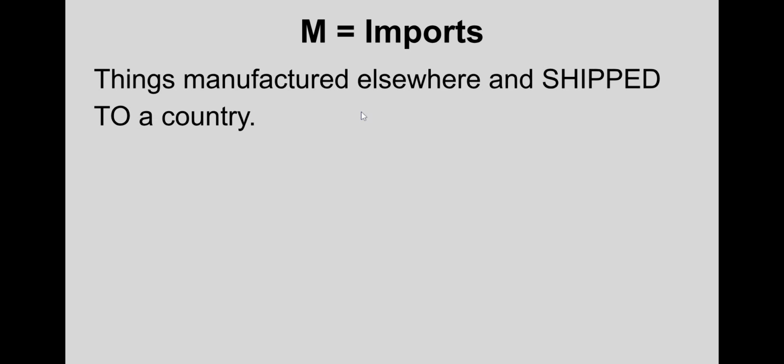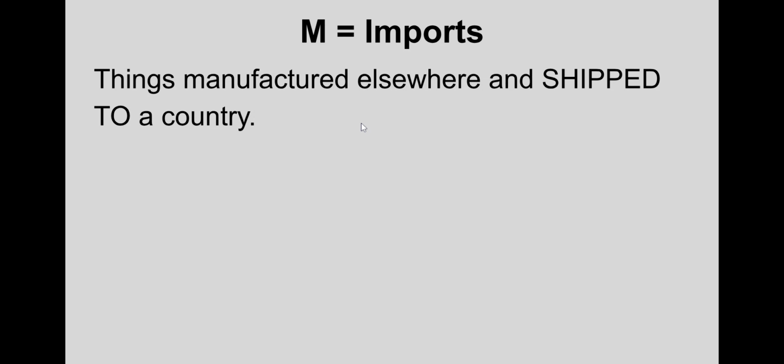Now, why do we import things? Because we can't necessarily grow them, or we can't produce them. It doesn't make sense, or we just don't have that raw material or natural resource necessary. Perfect example: coffee, chocolate, bananas. We don't have the climate to grow those things.